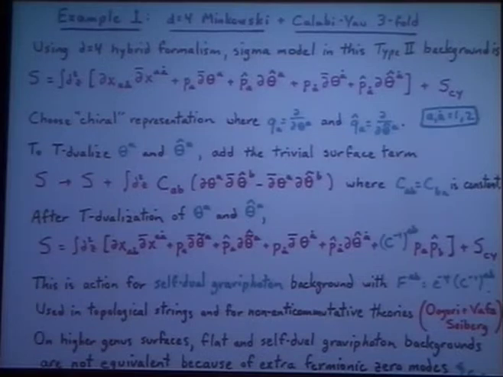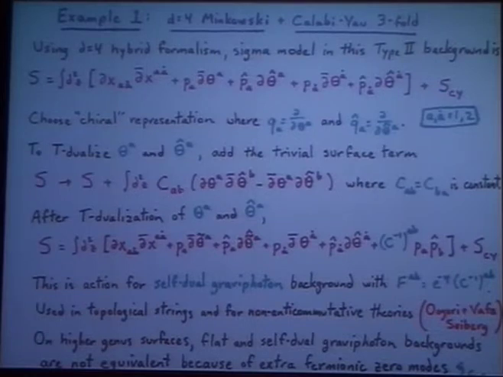Now, in order to T-dualize, we need some non-vanishing value for B11. Now, that can be obtained just by adding a trivial surface term. So if capital C is constant, this is, of course, a total derivative for the same reason I just mentioned. So you can add it, and as long as you can ignore surface terms, it has no effect.